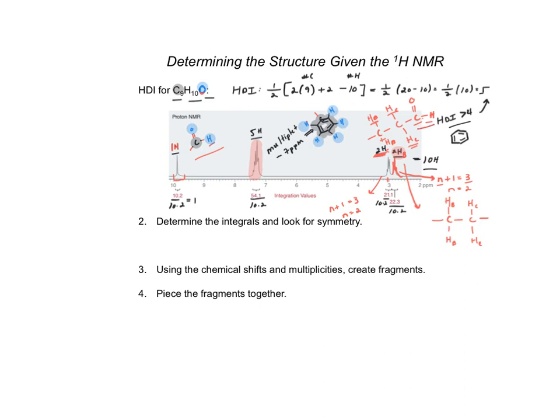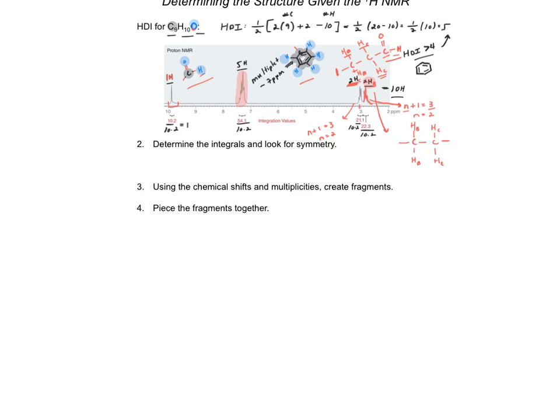We knew that the aldehyde had to terminate, so it had to be on the other end of this guy. So the only thing left to put on the end of this guy is this aromatic ring, right? So now, if we can put the pieces together, we're going to have our aromatic ring.